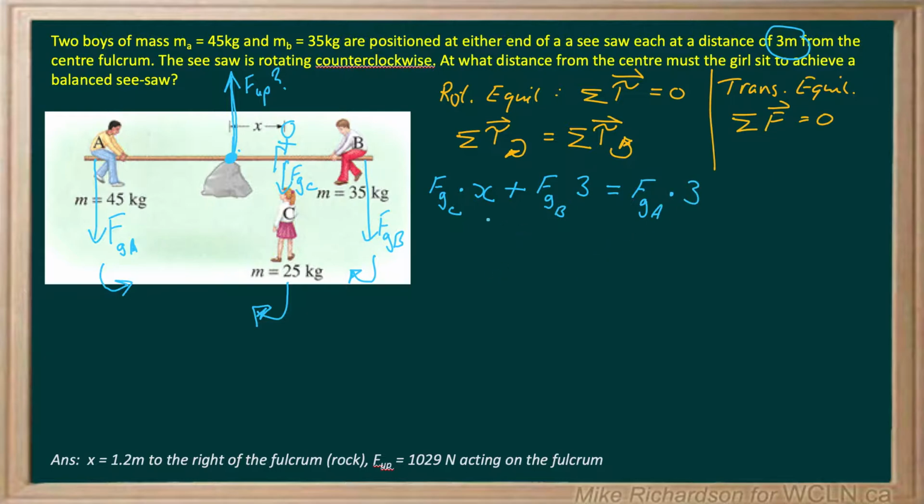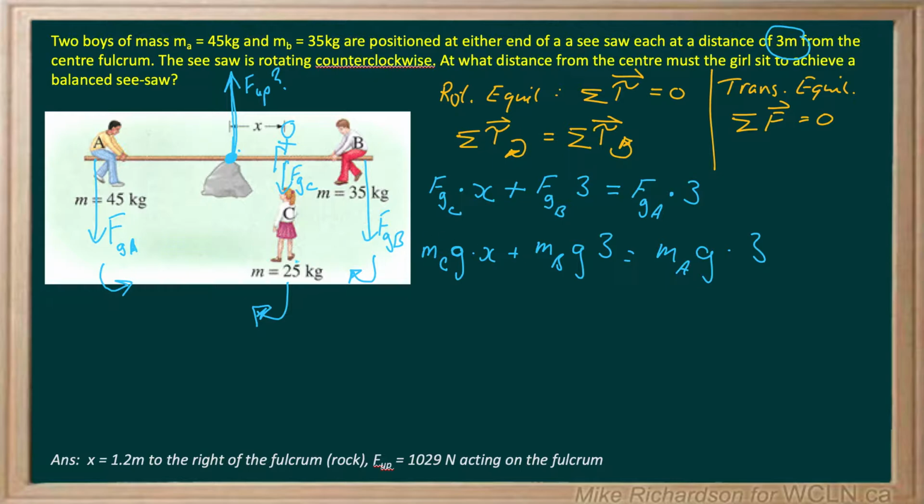So there's my equation. Now, if we go through it, we know how to calculate force of gravity. This will just be mass of the girl, which we're calling mass C, times G times X, plus mass B times G times 3 equals mass A times G times 3.